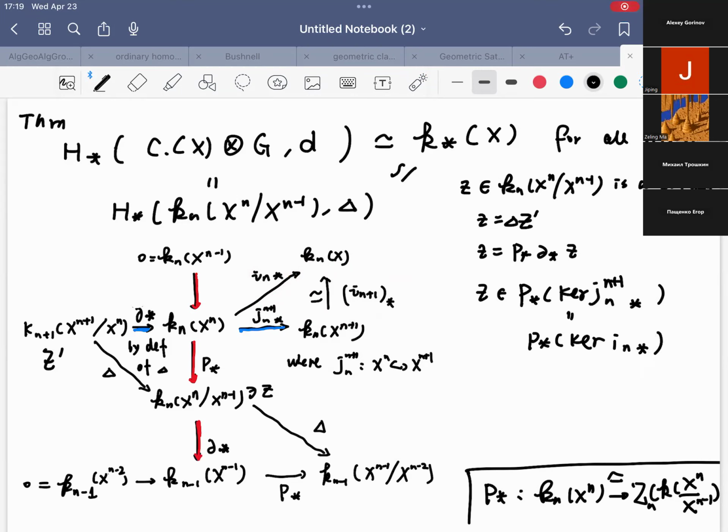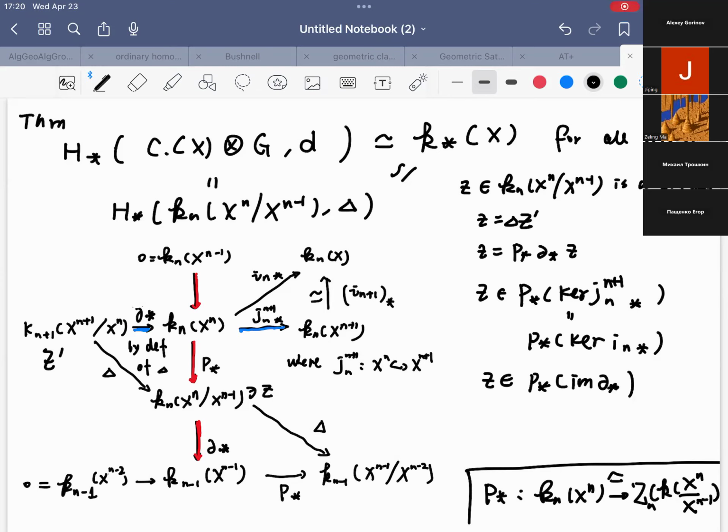So you will get Z equal to the p star, the image of partial star.